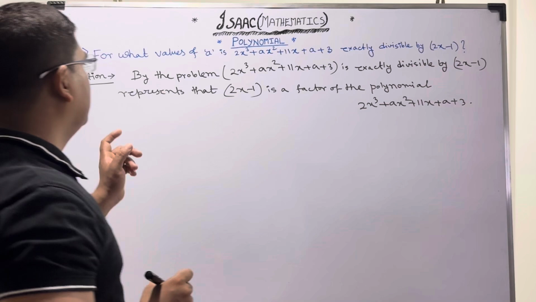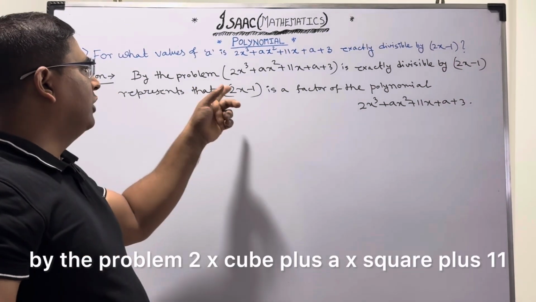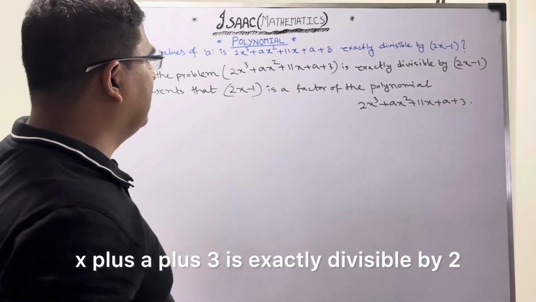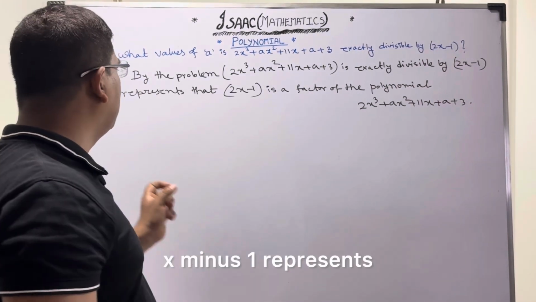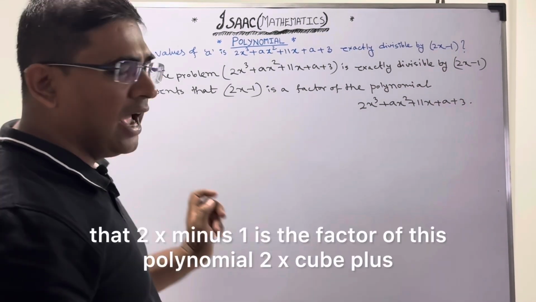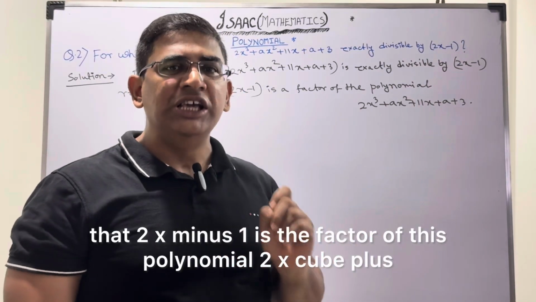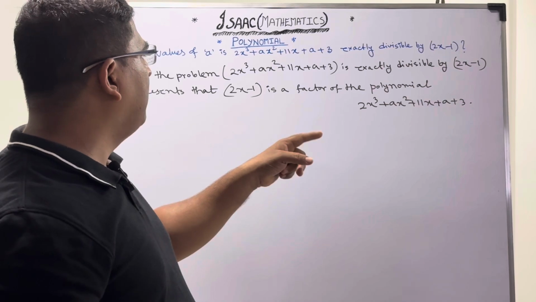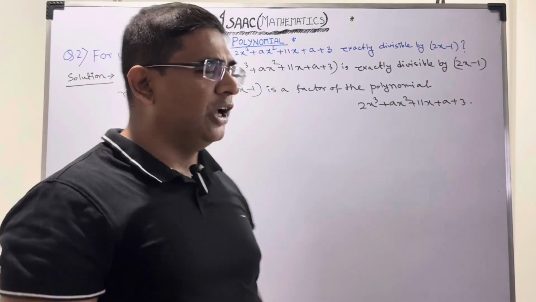Okay. So by the problem, 2x cube plus ax square plus 11x plus a plus 3 is exactly divisible by 2x minus 1 represents that 2x minus 1 is a factor of this polynomial.